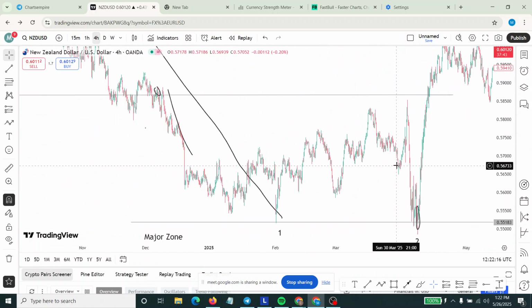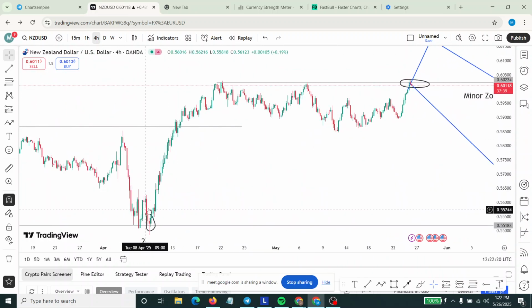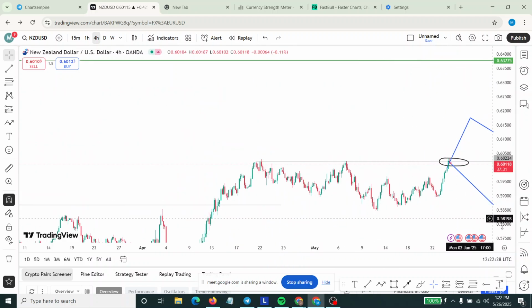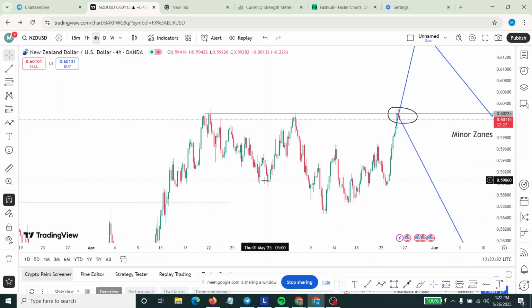Now with this second touch, you can see how the buyers bought the market aggressively to this point here. When the market got to this point, the sellers came in, they sold the market to this region. The buyers came in again, they retested this place for the second touch.